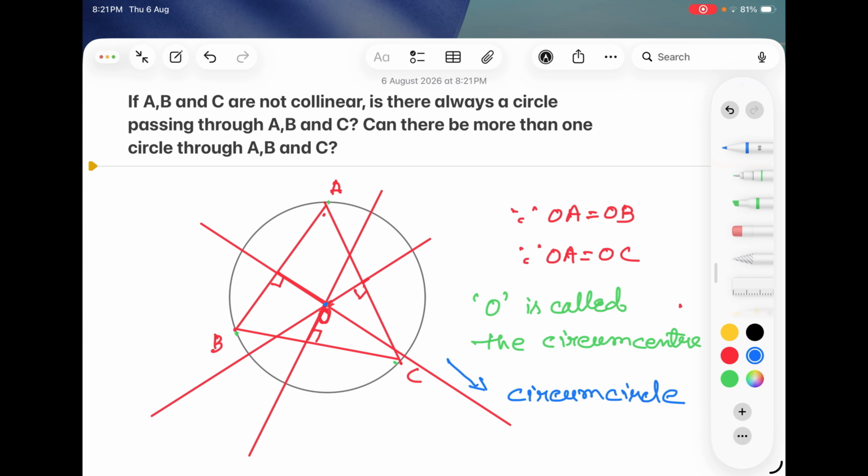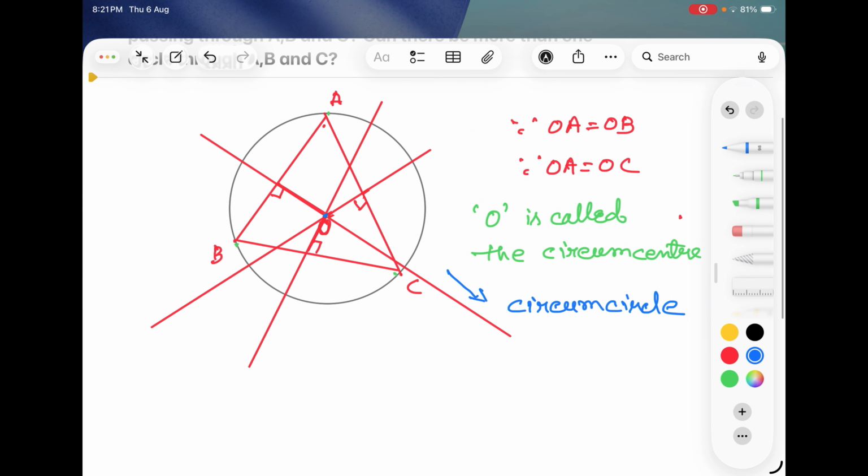You can see this triangle is called an acute angle triangle. When the triangle is an acute angle triangle, the center of the circle lies inside the triangle.